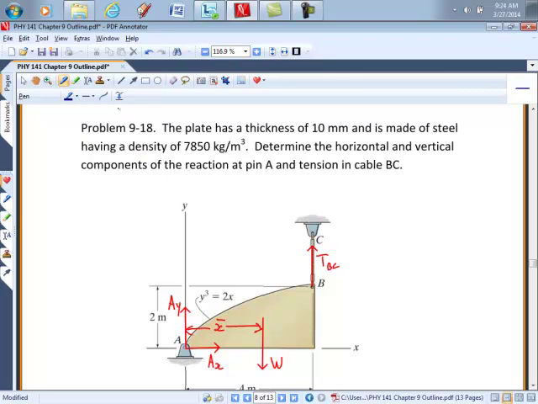So the first thing we're going to want to do is find area, and from the area we can find the volume and the weight. And then our second step would be to find the center of area, which is going to be our center of mass, our center of gravity.